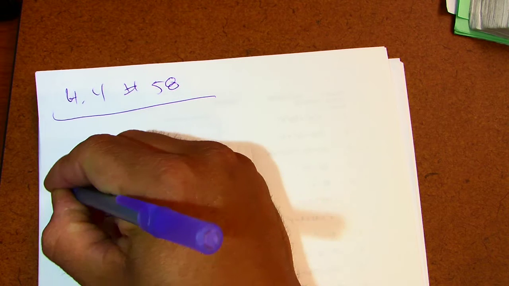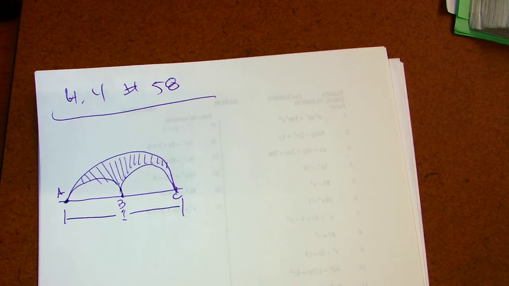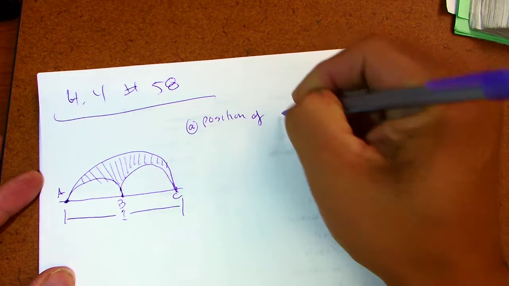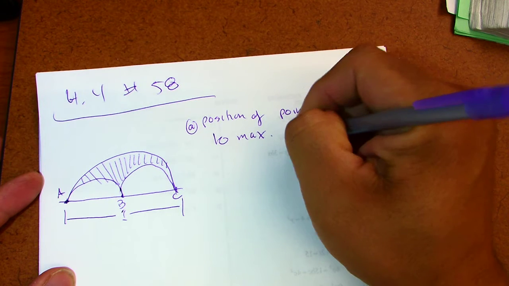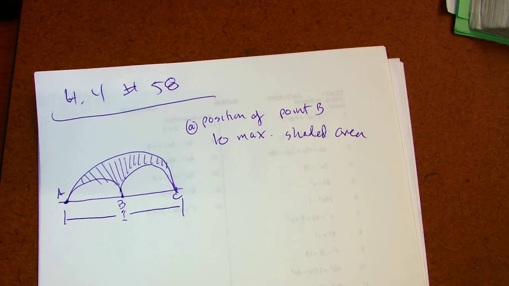So let's say we have A, B, C. We're looking for the position of point B to maximize the area. Okay, so let's see what we have here.